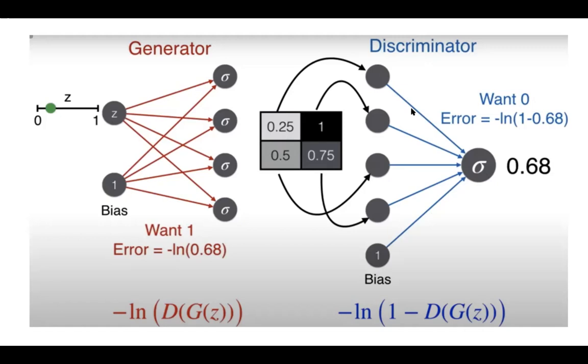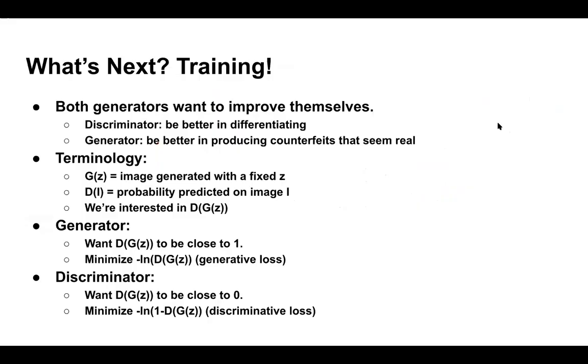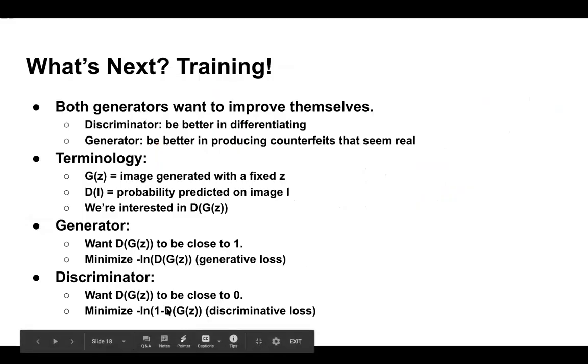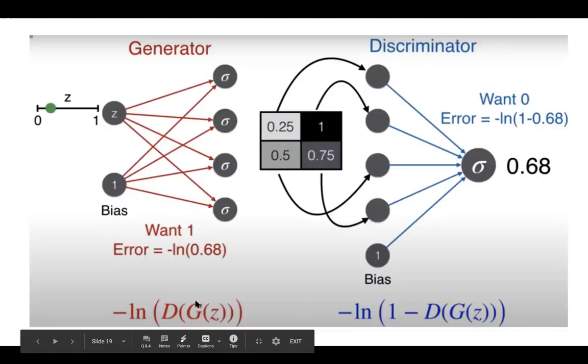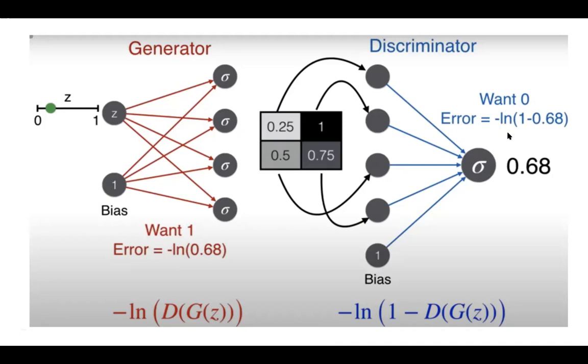So the discriminator will update its weights according to, sorry, not update its weights first. It will learn what is the error function it has, which is minus ln of 1 minus 0.68, because for the discriminator, as you can see here, it's minus ln of 1 minus this probability. So this is minus ln of 0.32.